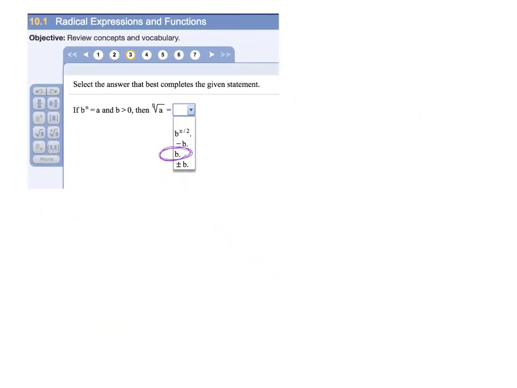Suppose b to the nth power is equal to a. Basically what they're saying is, what if n was really a 3? That's like saying b to the third power, which we know is b times b times b.